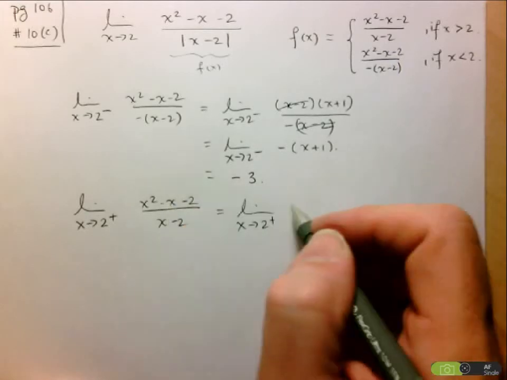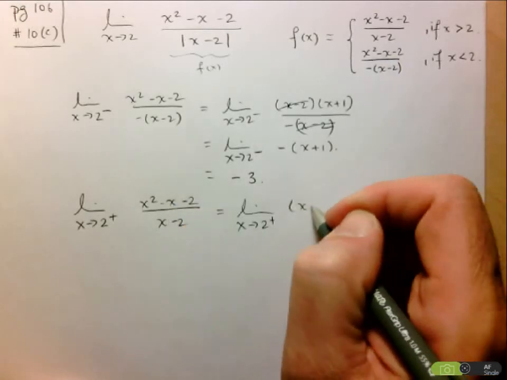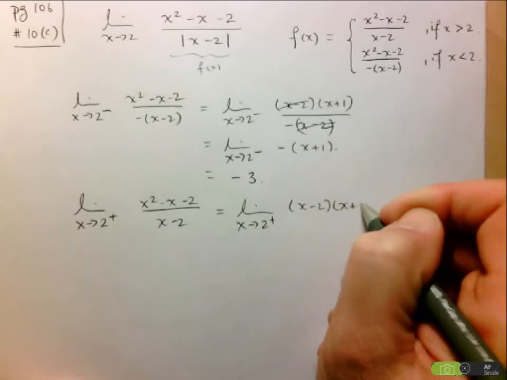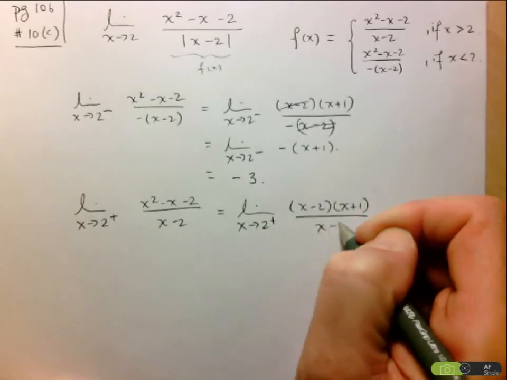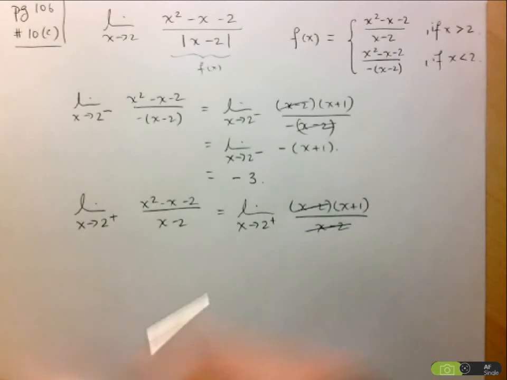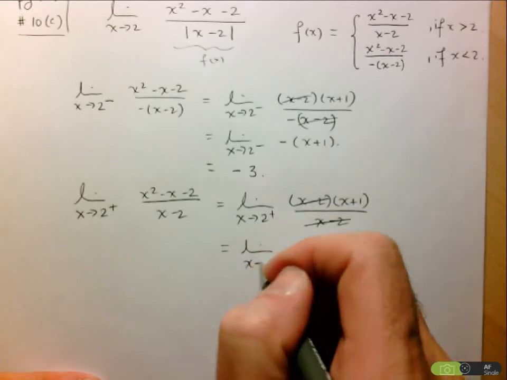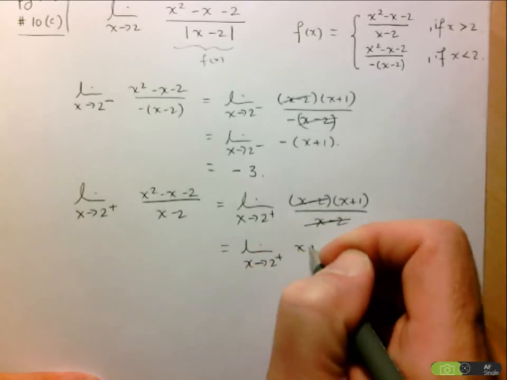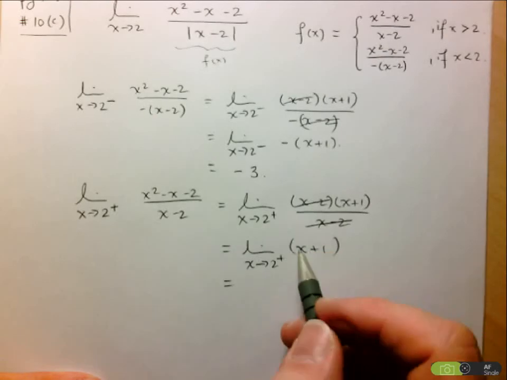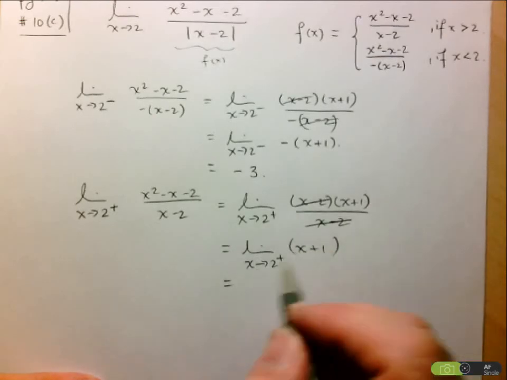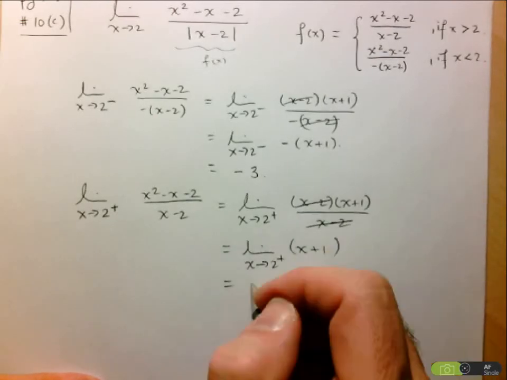Of course, I could have just written out the factored form right away since I've already done it. And yet again, we do have some nice reducing, which means this limit will indeed exist. Again, x plus 1 is continuous at 2, so I can just input the number. So here we have 2 plus 1 is 3.